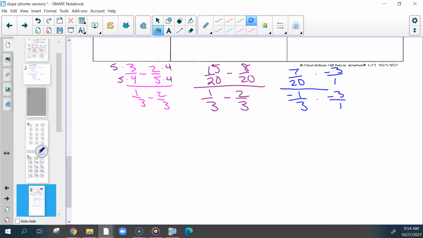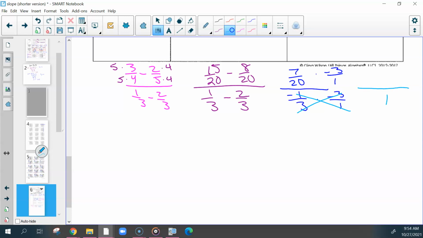Raise your hand if you have a question. It's the same process, it's just with fractions. So you take this and flip it. So what would happen here is that these cancel and become 1.